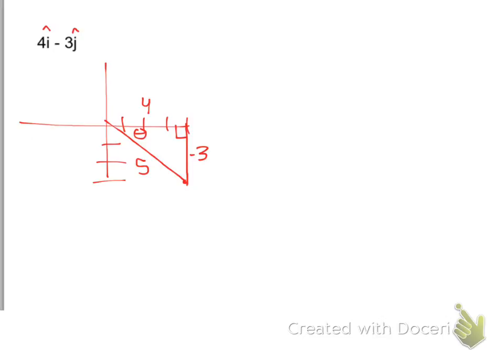Now, 5's a nice number, right? So if I wanted to solve for theta, I'm not limited to just the inverse tangent. Because 5's a nice number, I could use sine or cosine. The thing is, if you want to keep things consistent, always use tangent. I'm going to use tangent. Tangent of theta is equal to what? 3 over 4.